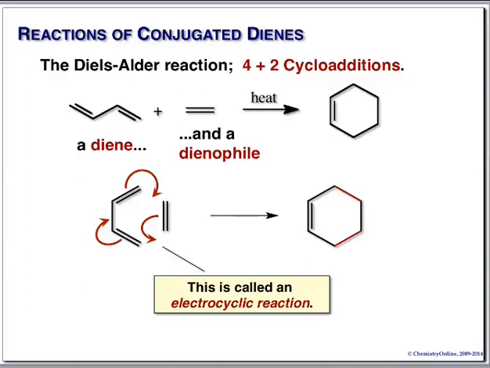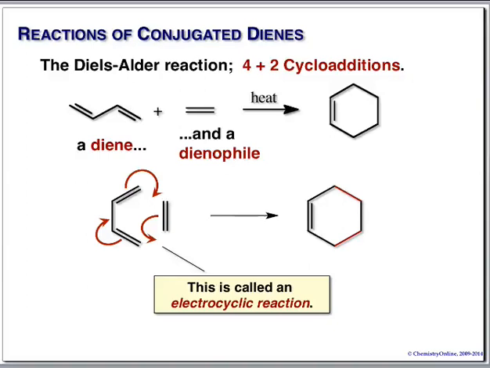Now when you look at a cycloaddition reaction, it's important to be able to look at the product and figure out what the reactants were. Very simple way to do that, very simple rule. What you do is you find your double bond here.